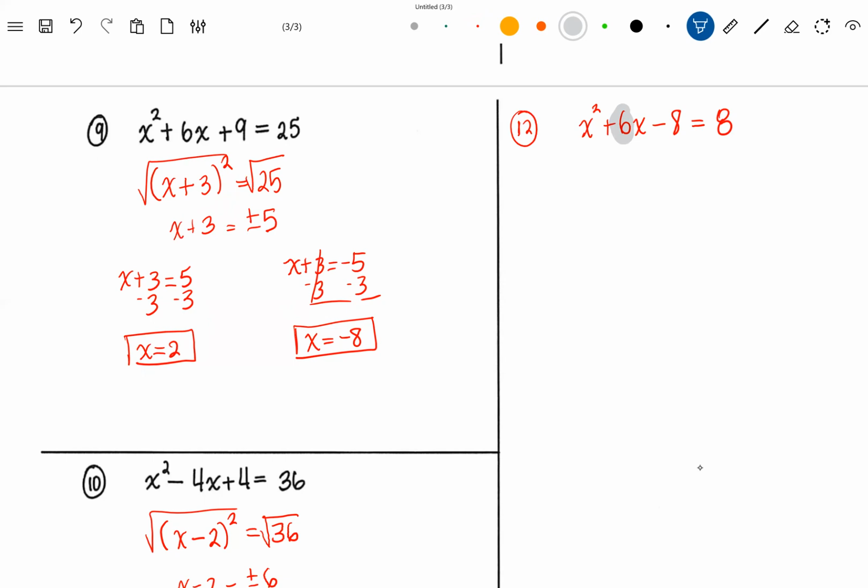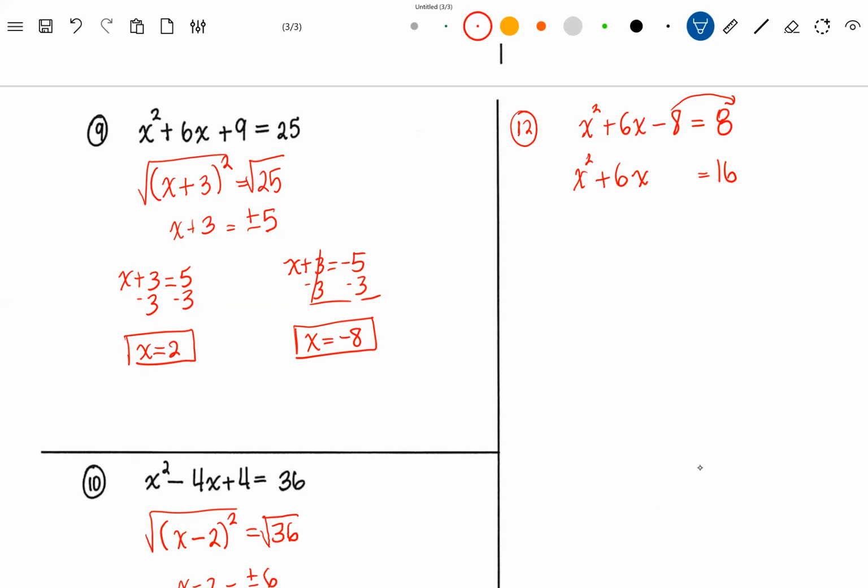Half of 6 is 3, but 3 squared is 9, not 8. So that's not a perfect square trinomial. We have what's called completing the square, which means we're going to make this a perfect square trinomial. What we have to do first is move the 8 over. So 8 plus 8 is 16.